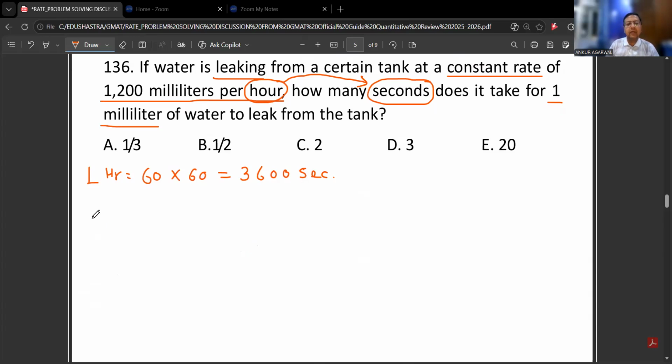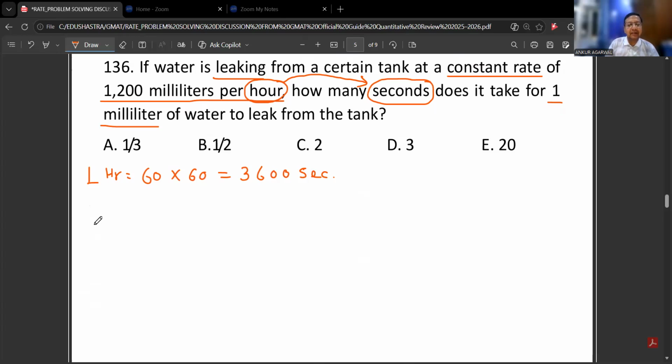So now, what do I have to calculate? Got the answer? I suppose you people must have got the answer. Which one? Just check. Which one is the answer?